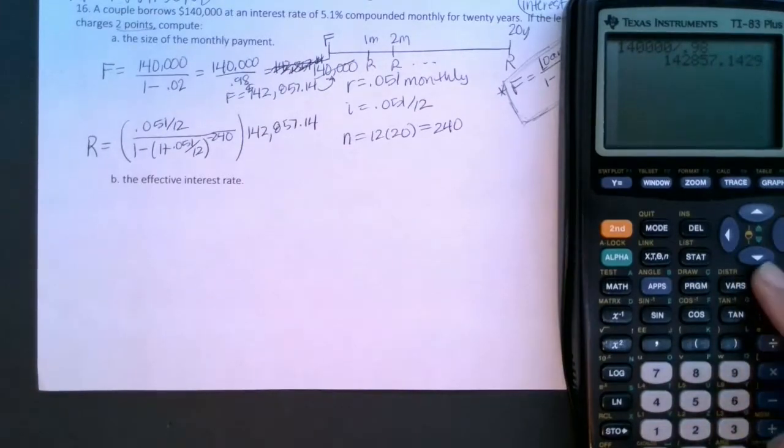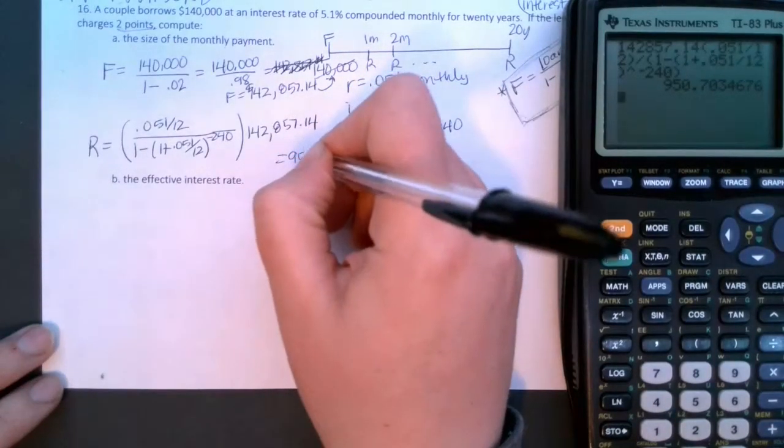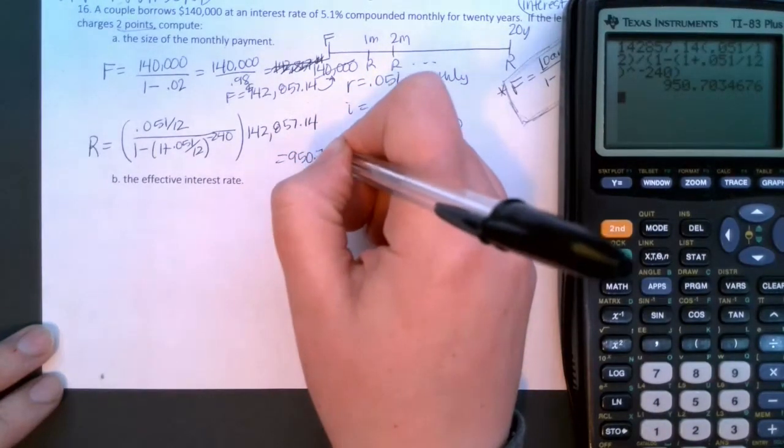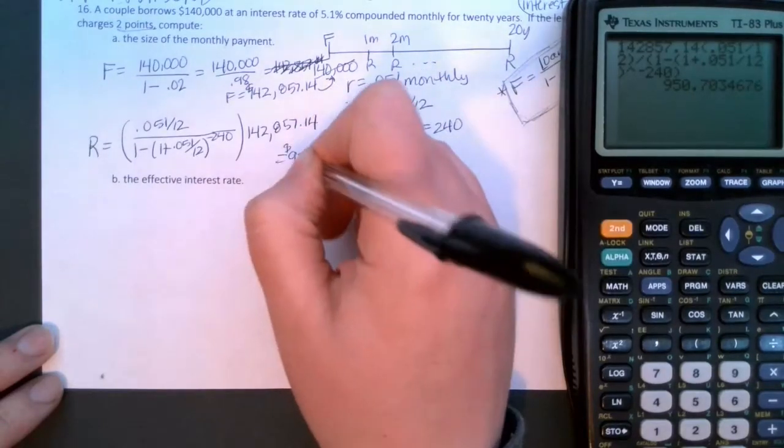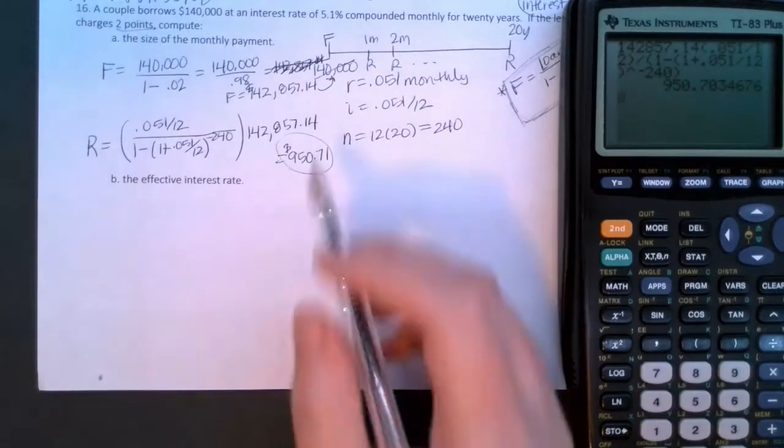So doing that on our calculator, our monthly payment is $950.71, rounding to the nearest penny. Or sorry, rounding up because it's a payment.